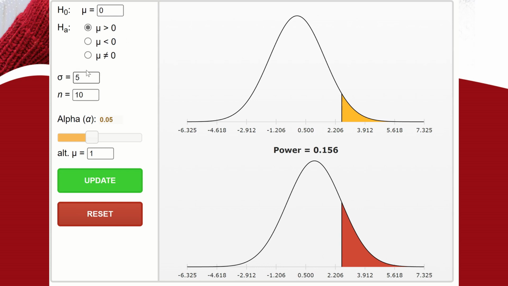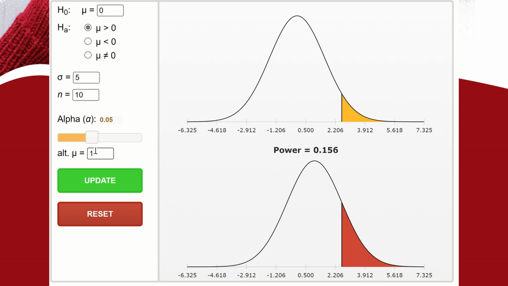We're going to see the standard deviation is about 5 inches, and we're starting with a sample size of 10 and an alpha, or significance level, of 0.05. Now you're probably wondering, what is this alt mu thing? This was the null that we set forth. We said the mean is 0. This is a distribution where the mean is 0. The alternate asks, what if this is true?